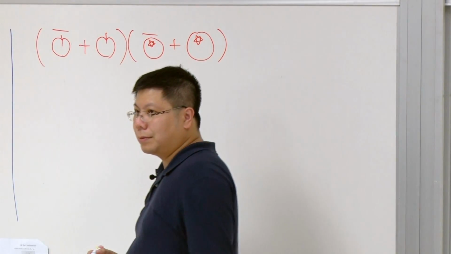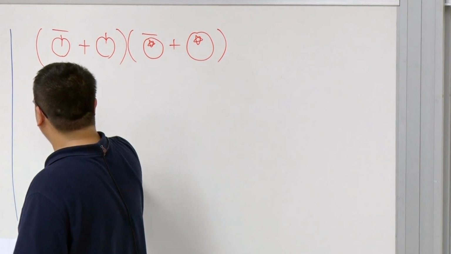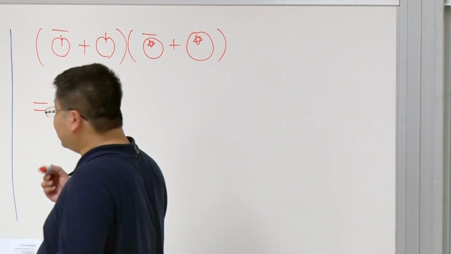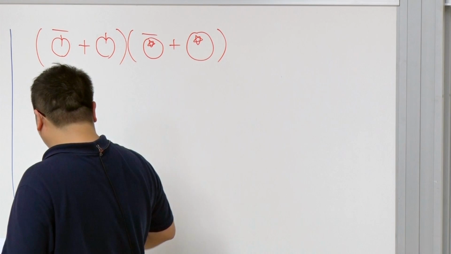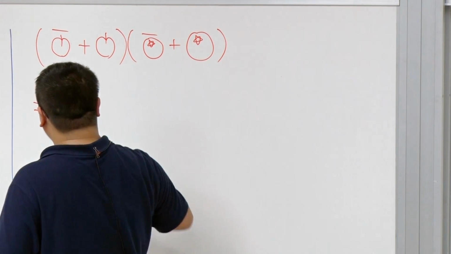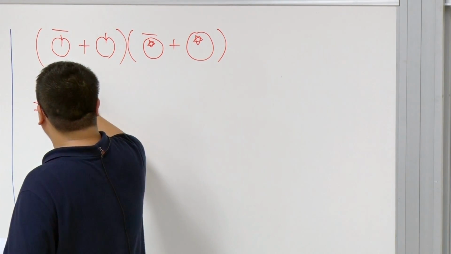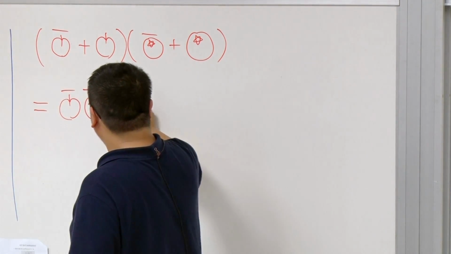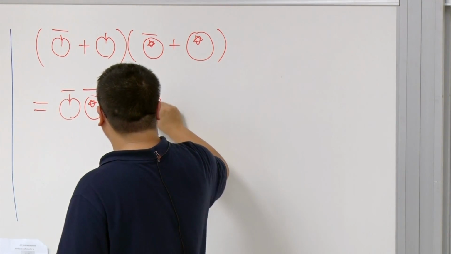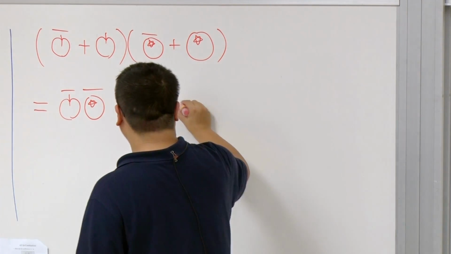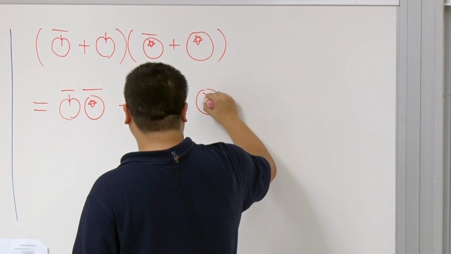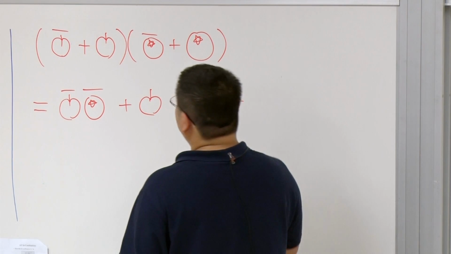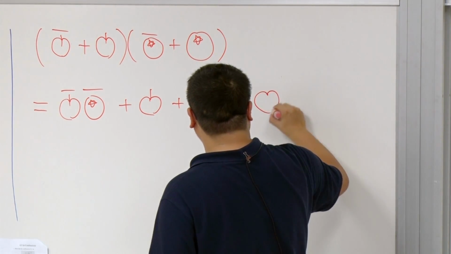After doing the expansion, we will have a case of no apple, no orange, plus just apple, no orange, plus just orange, plus apple and orange.